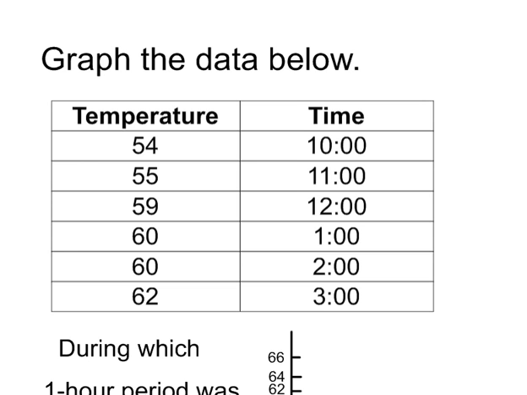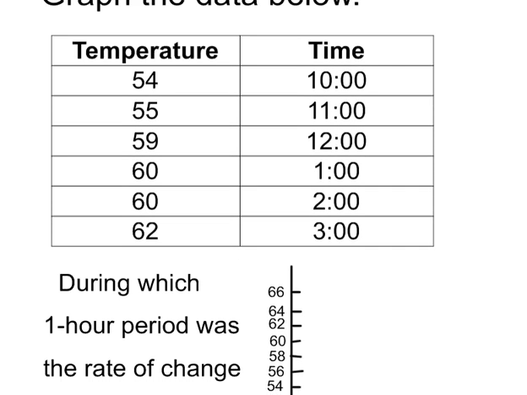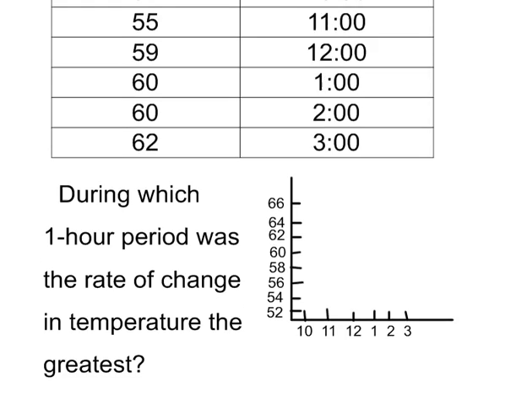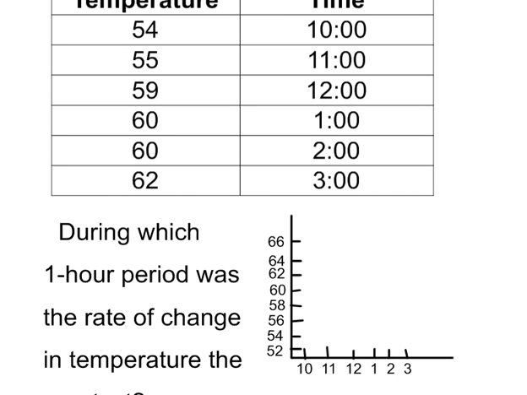Another way to look at this, another problem. We have a graph. We were asked to graph the data below. So I'm going to graph 54 at 10 o'clock. So 54 degrees was the temperature at 10 o'clock. So I put my dot here on the page. 55 at 11 o'clock. So it'll be about right here. 59 at 12 o'clock.